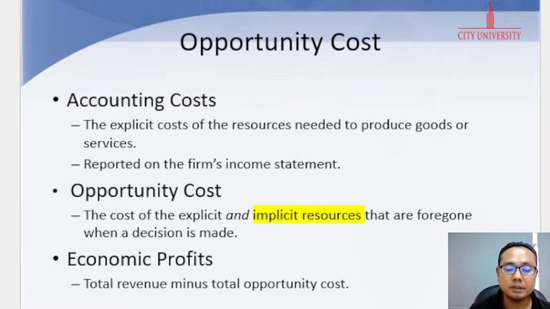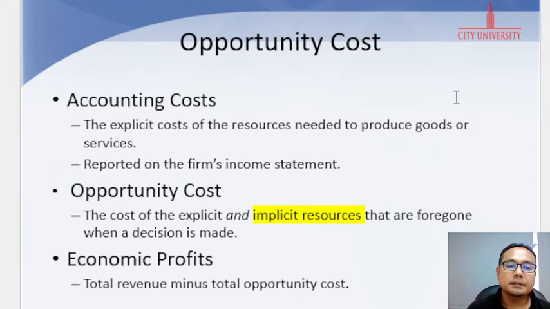Thus, 30,000 of your accounting profit is not profit at all, but an implicit cost of running your new restaurant.